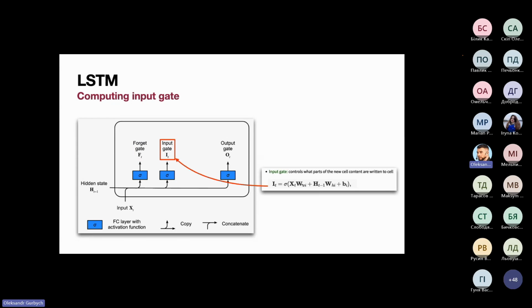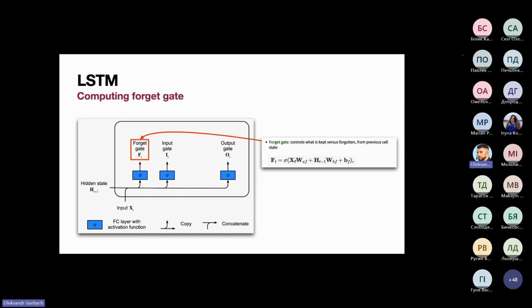Input gate controls what parts of the new cell content are written to the cell. So here you calculate, see, it's X multiplied by a set of weights for X. So you filter something for inputs plus hidden state multiplied by its weights, as opposed to this one.